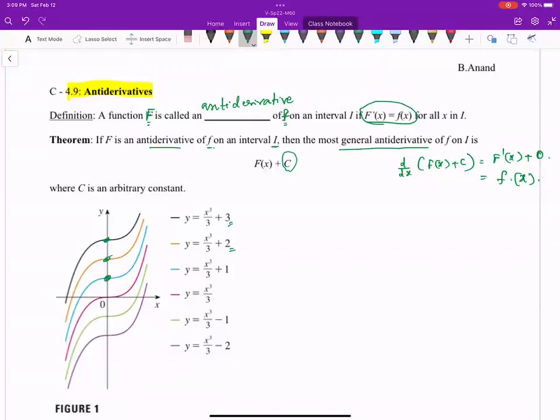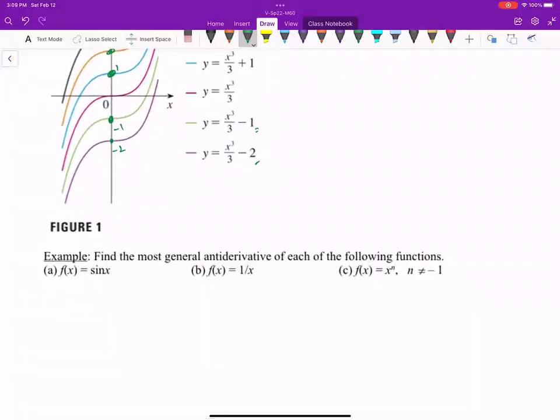The one that passes through the origin is x cube over 3, the pink one. Then going down, it is minus 1 and minus 2. So you see that by changing the constant c, the shape of the curve is the same. It is just shifted up or down. It's a family of curves for different values of c.